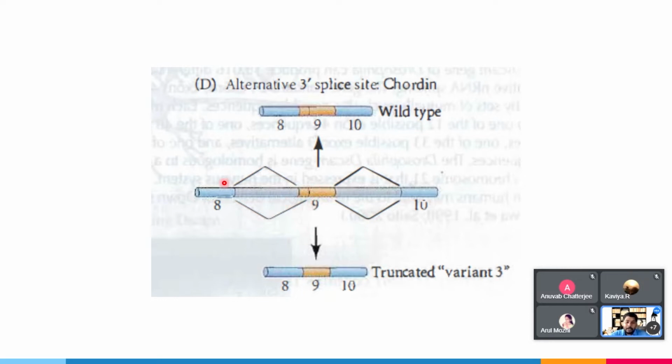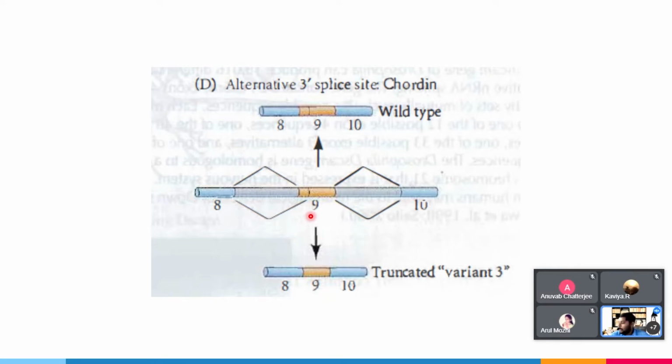So if, say, in one process of splicing, the donor nucleotide is here and the acceptor is right here, the splice sites remove this intron only, and the whole of exon number 9 is incorporated. But there can be a truncated variant in which part of the exon is also spliced out, and so we have a smaller part of the exon 9 incorporated.